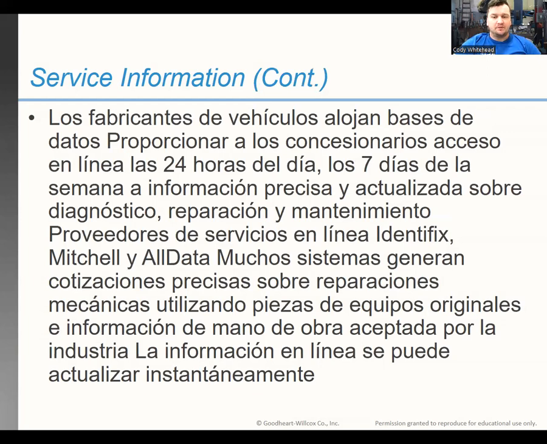Vehicle manufacturers host databases. This provides dealerships 24/7 online access to accurate and up-to-date diagnostics, repairs, and maintenance information. When I worked at a dealership for Nissan, it was mainly the master techs that would do this if they needed to. I've only seen it done a couple of times, but they would get stumped.